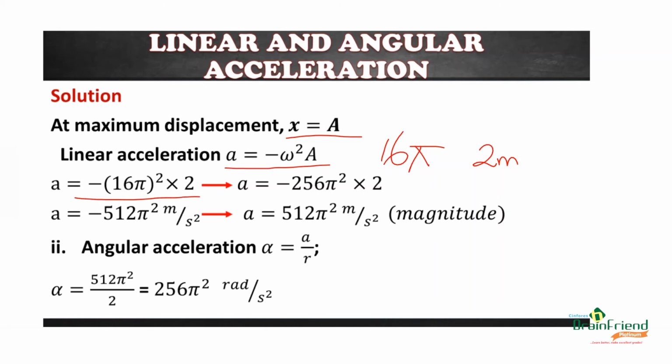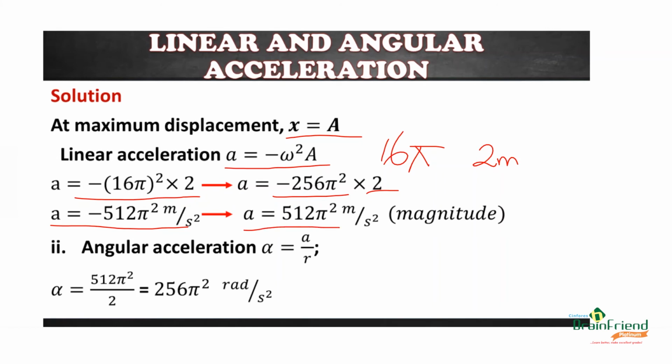This gives us A equal to minus 256 pi squared times 2, which further gives us A equal to minus 512 pi square meters per second squared. Now the amplitude of this acceleration is A equal to 512 pi square meters per second squared.